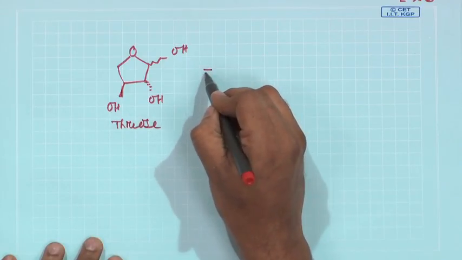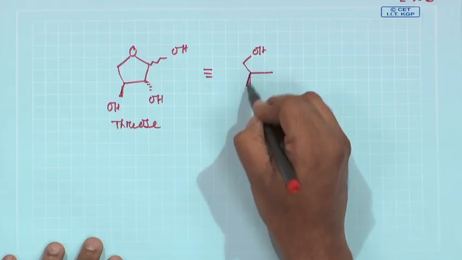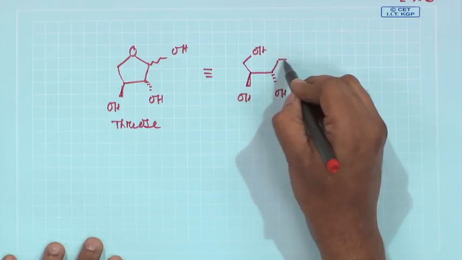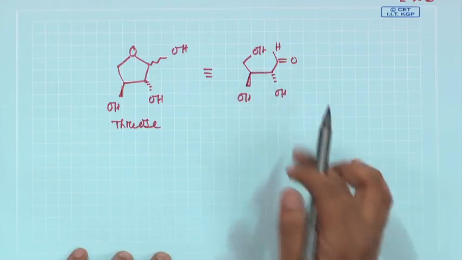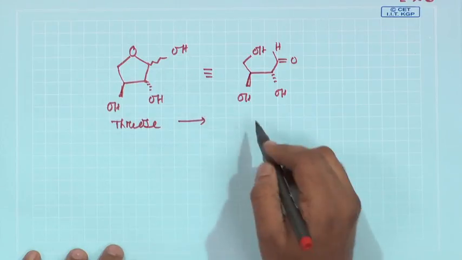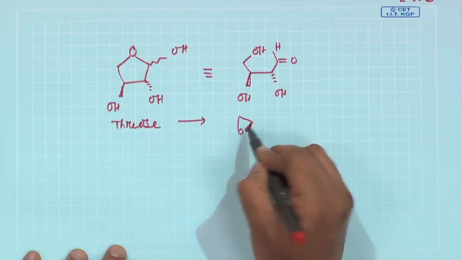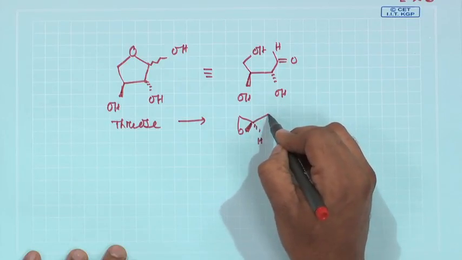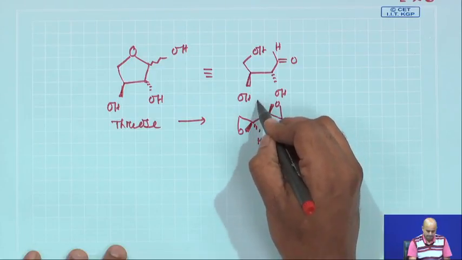If you write the linear structure, it is CH2OH, an OH here, an OH here, and a CHO. So, this is threose. Now, I say you start with threose, and I am asking you to synthesize this bis-epoxide, whose structure is this one.